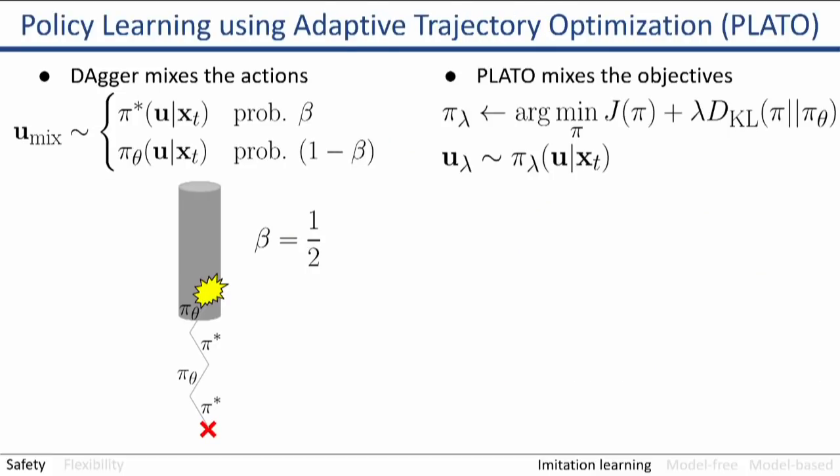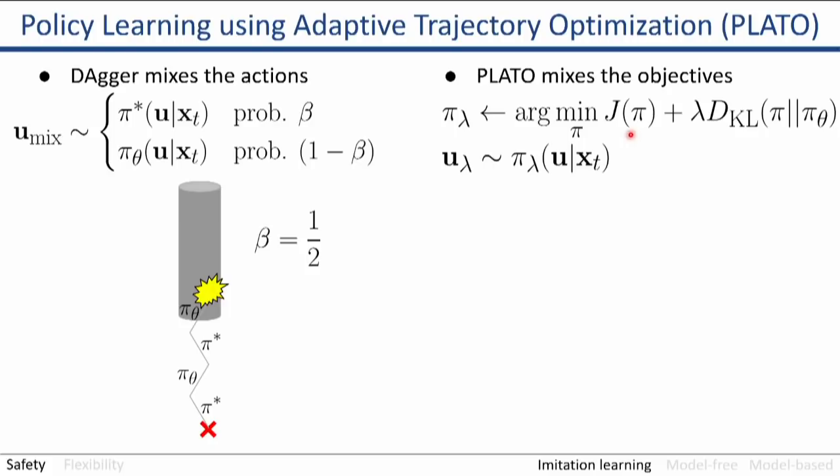Okay, so this is where Plato comes in. The idea with Dagger was to mix the actions. Now with Plato, what we're going to do instead is mix the objectives. Here we have J of pi, which will be the cost of the expert. If we crossed out the second term, optimizing J would produce pi star.